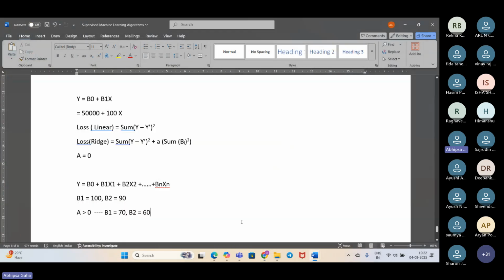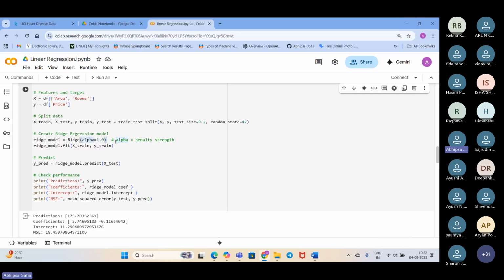This alpha value, we have the authority to choose according to our wish, so we have taken alpha as 1. Then we have fitted the model.